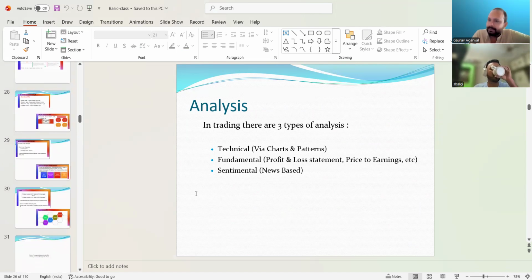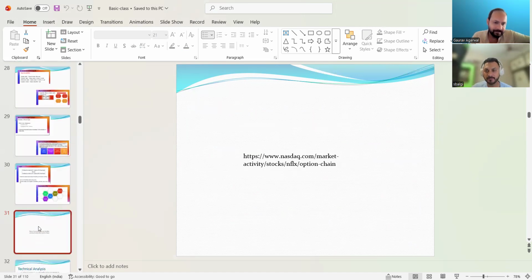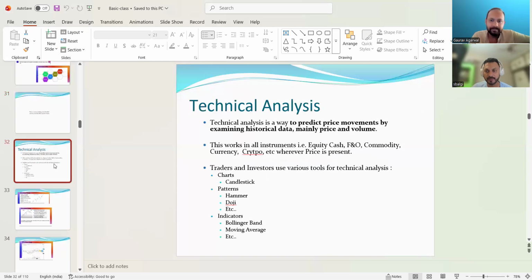So what is technical analysis? Technical analysis is a kind of tool that we use to predict the future price based on current and historical data, because we have all the data available since the stock started trading.